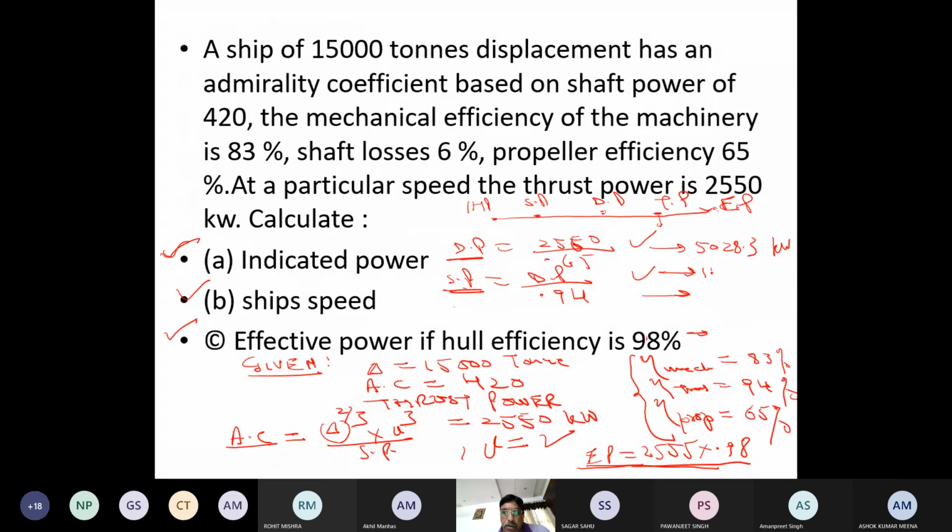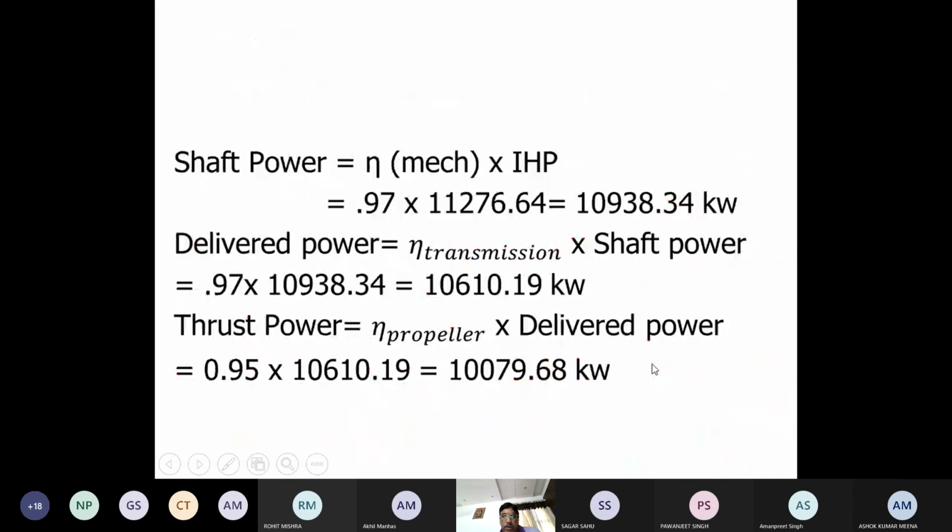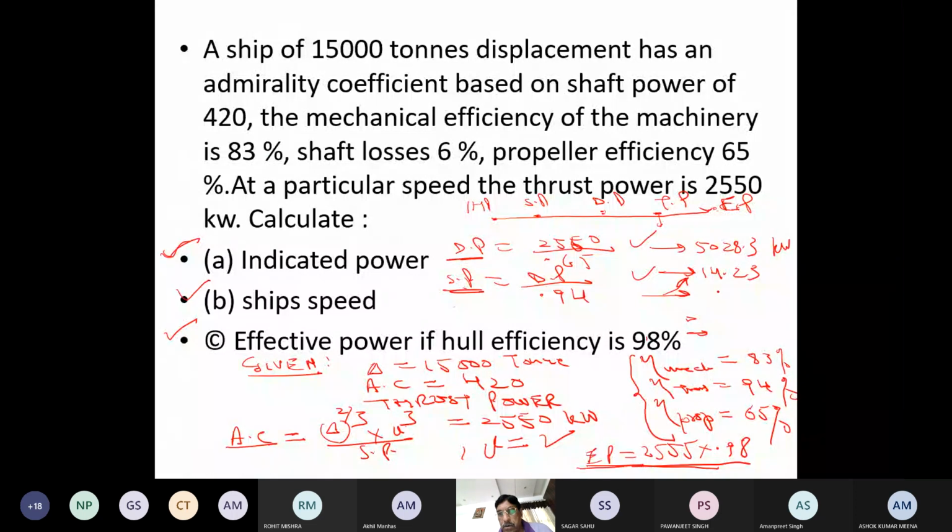So 14.23 knots is the ship speed, and effective power, 0.98 of that, will be 2499 kilowatt. So these are the three answers.